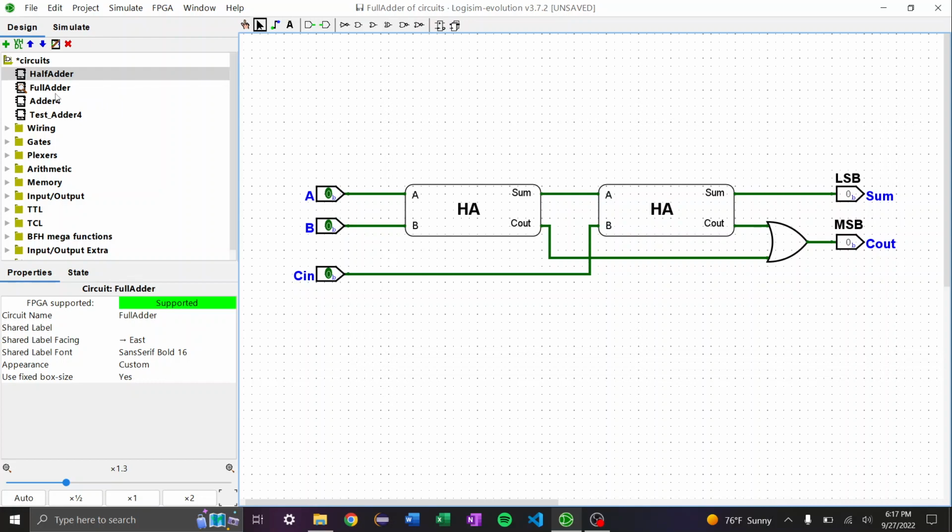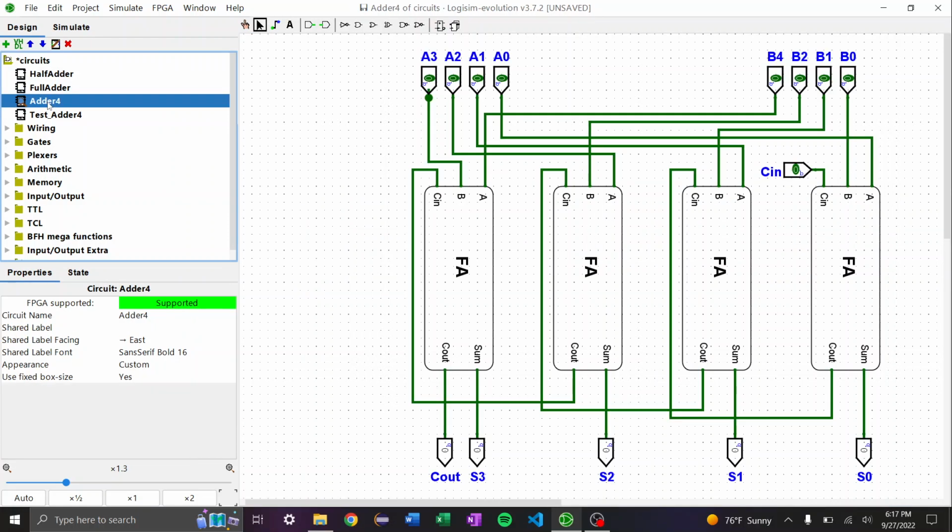So now that we've seen it and tested it and explained how Logisim allows for subcircuit structure and hierarchical design, let's check out our 4-bit adder. Alright, so this one I used 4 full adders to demonstrate longhand addition, and essentially it's relatively the same system as before with the full adder.